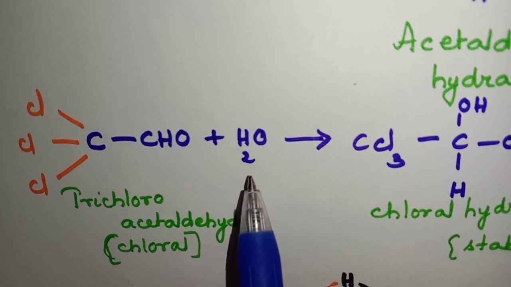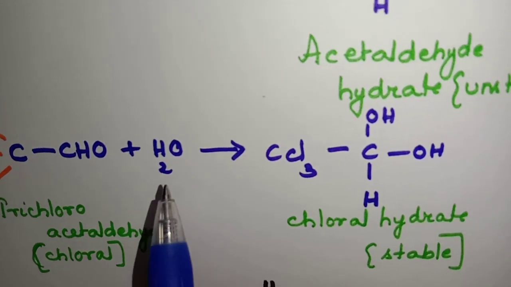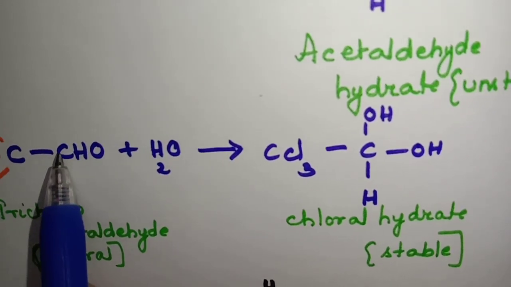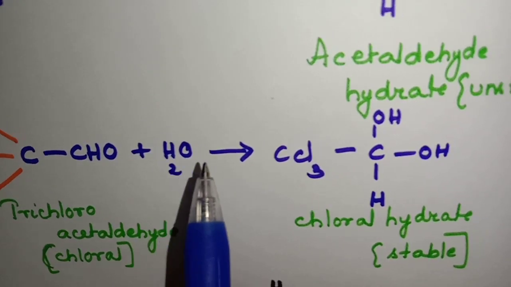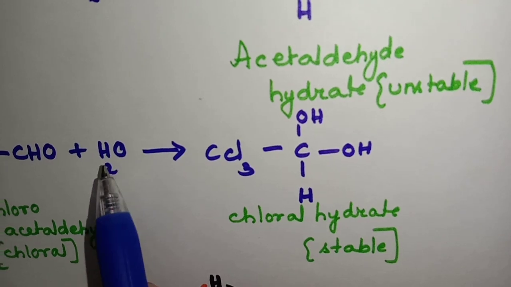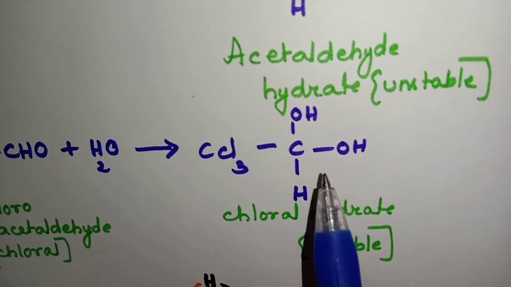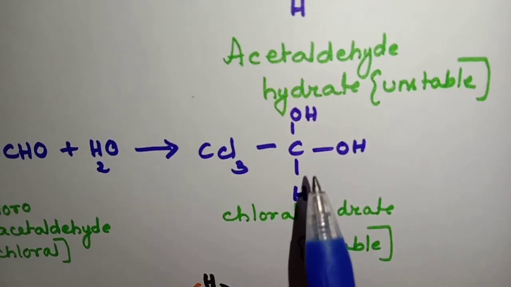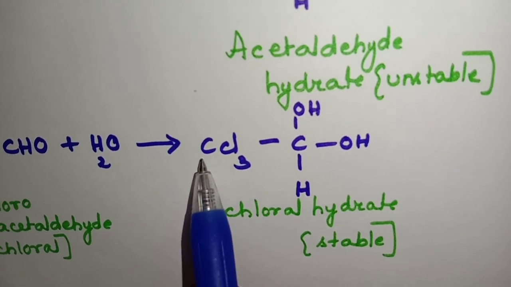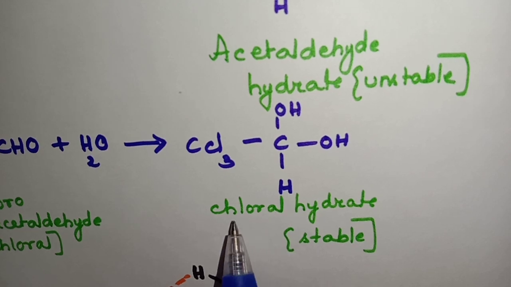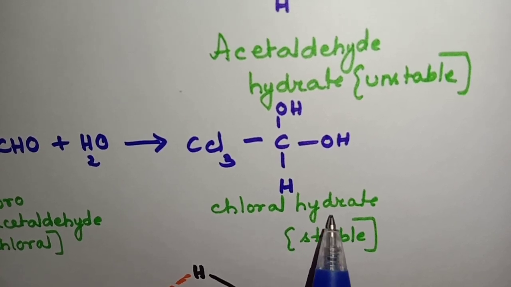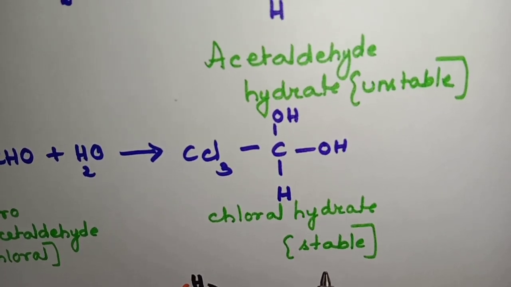When it reacts with water, what happens? The same thing. C double bond O is there. That pi bond breaks up and H goes to oxygen and OH from H2O comes to carbon. Similarly like the above reaction. So what is forming? CCl3, C, OH, OH, H. So what is this called? Chloral hydrate. But this is stable.